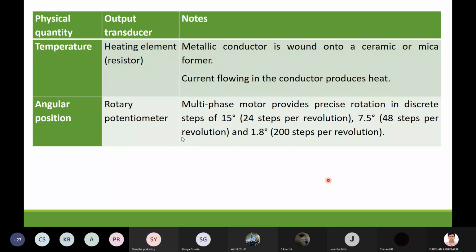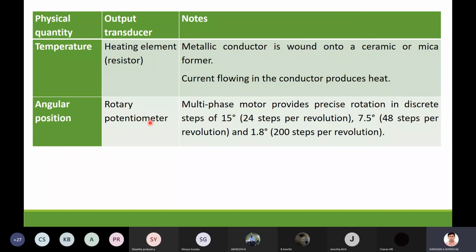Yes, sir. Because the same potentiometer I can use as an input transducer, and the same potentiometer I can use as an output transducer also. That is what we call angular position, where we fix the position using this rotary potentiometer.